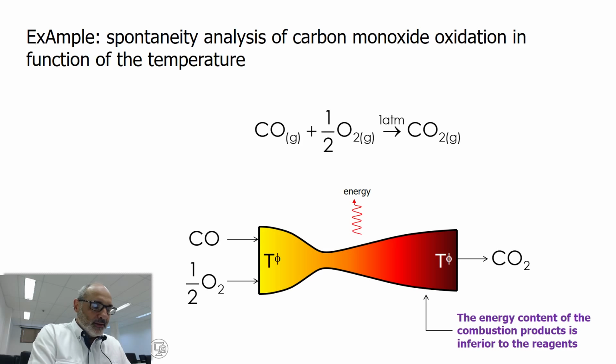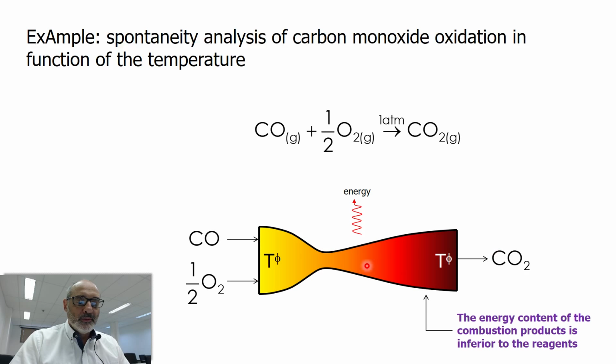Let's see a practical application of this variable. Let's see again CO reacting with O2. We have carbon monoxide reacting with oxygen at 1 atmosphere to give CO2, everything in gaseous state. It's like having a reactor.